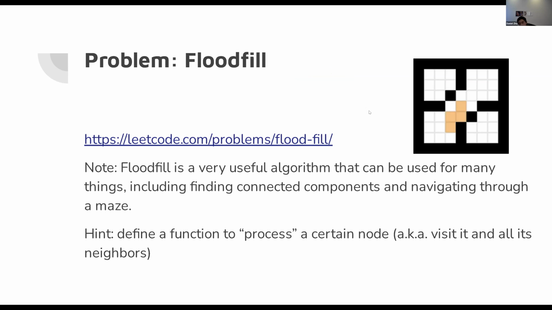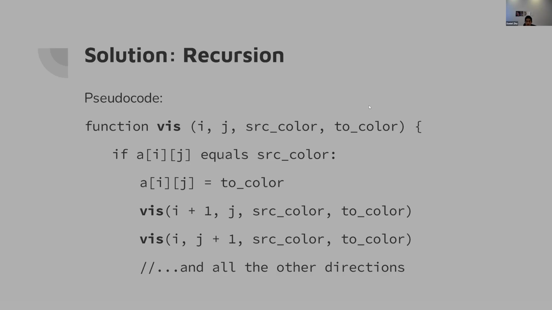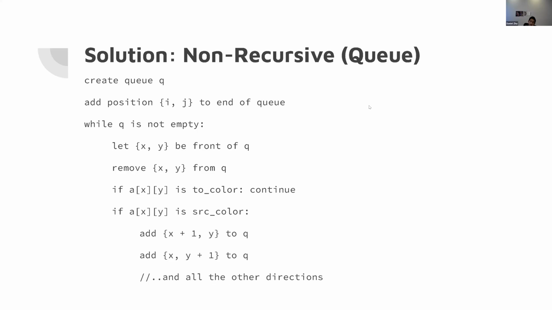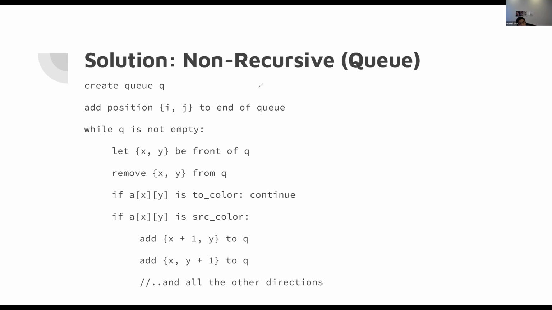I'm also going to show you an alternative implementation that doesn't use recursion, that has different behavior. This one utilizes a queue. And for those of you who don't know what a queue is, it's a data structure where you add numbers to the back, and then you pop numbers from the front.